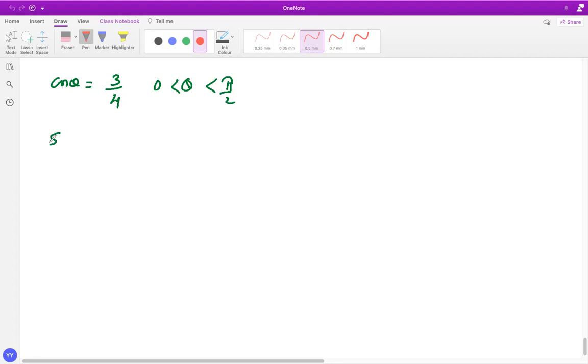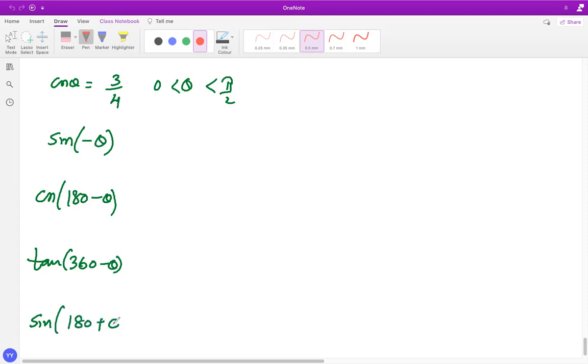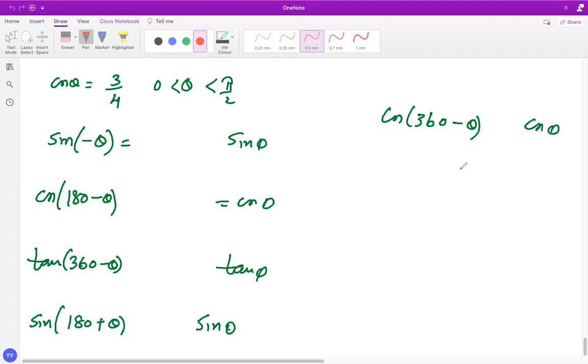And I want to find the values of sine of minus theta, cos of 180 minus theta, tan of 360 minus theta, sine of 180 plus theta, cos of 360 minus theta, and so on. Whenever you're doing these multiples of 180 or negative of the angle, blindly you can say it is the same as sine theta, cos theta, or tan theta of the base angle.